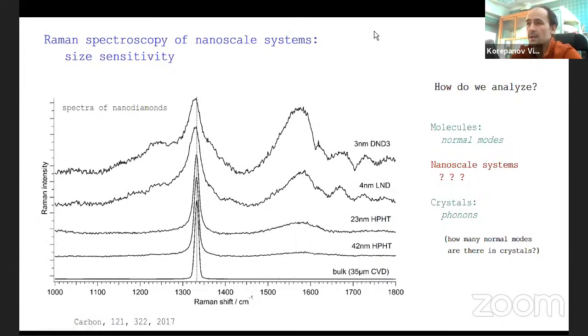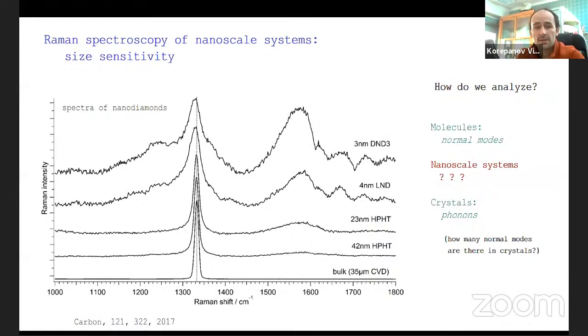How do we analyze the Raman spectra of nanoscale materials? When we deal with regular materials like crystals or molecules, we usually have very well-established models. For example, crystals are analyzed in terms of phonons, and molecules have normal modes, and both of these things can be easily calculated with quantum chemistry and easily interpreted.